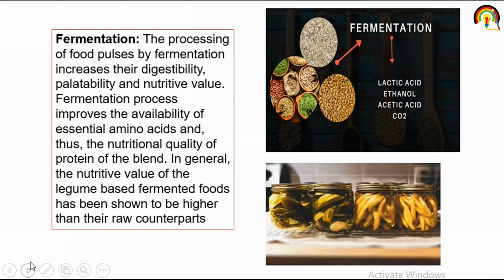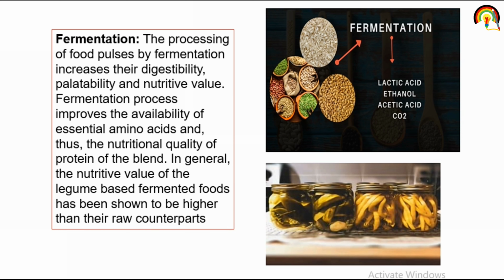Next one is fermentation. The processing of food pulses by fermentation increases their digestibility and nutritional value. Second, the fermentation process improves the availability of essential amino acids.